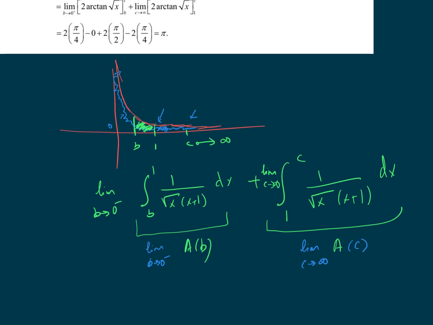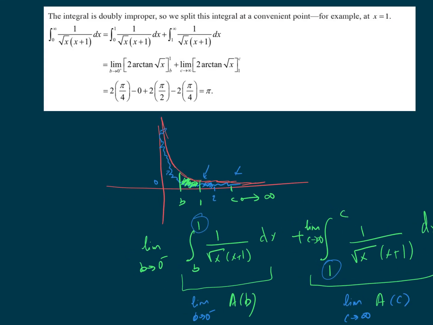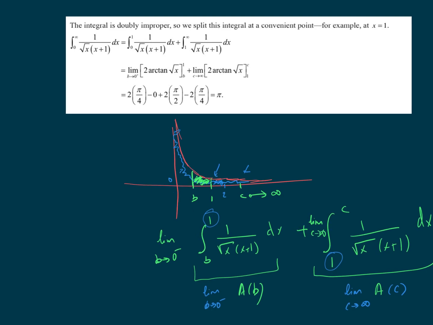As I said, the point 1 is a point that you stop at by convenience. You can stop at the point 2 if you would like to do it like this, only that the evaluation will be more complicated, but will be exactly the same value.